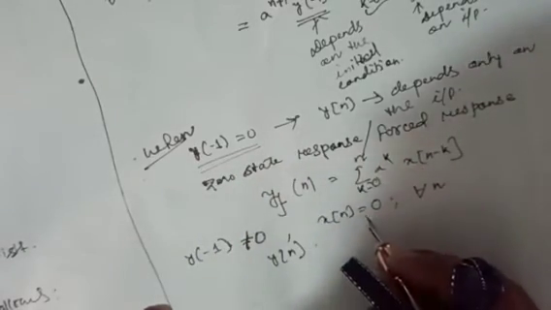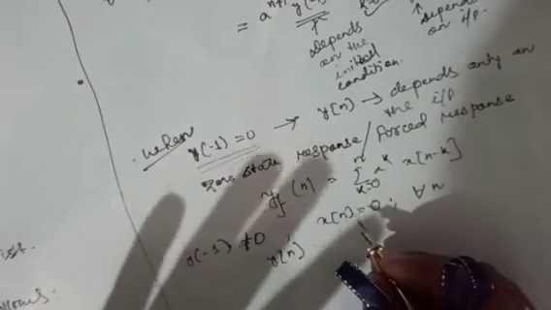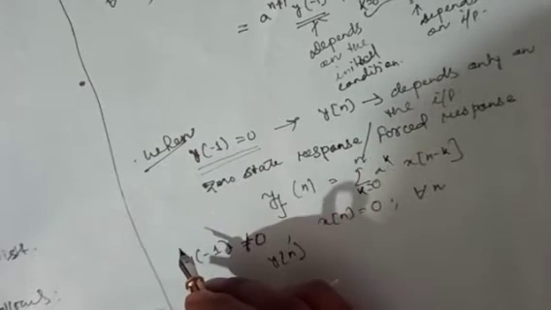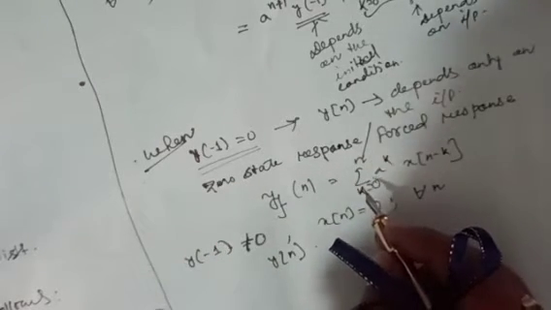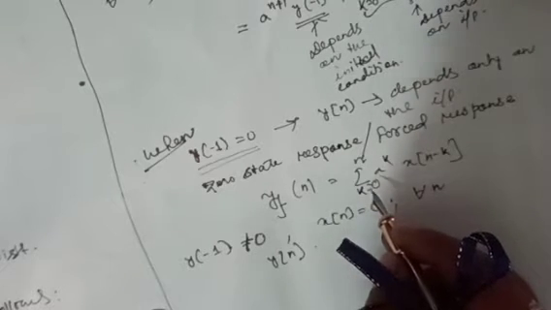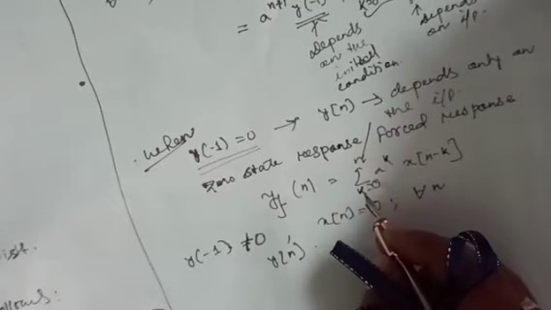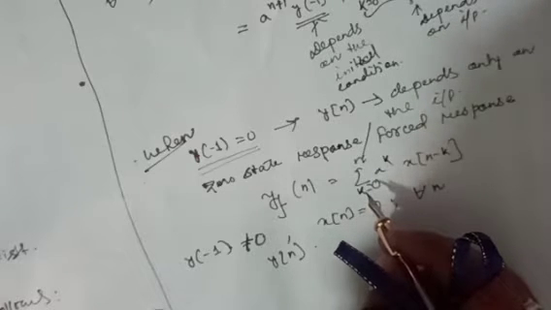Not the zero state response, but the zero state of the system, that is y of minus 1 only. That means if y of minus 1 is not equal to 0, the system is initially non-relaxed and the applied input is 0 for all n, then the output of the system y of n depends only on the initial state of the system.